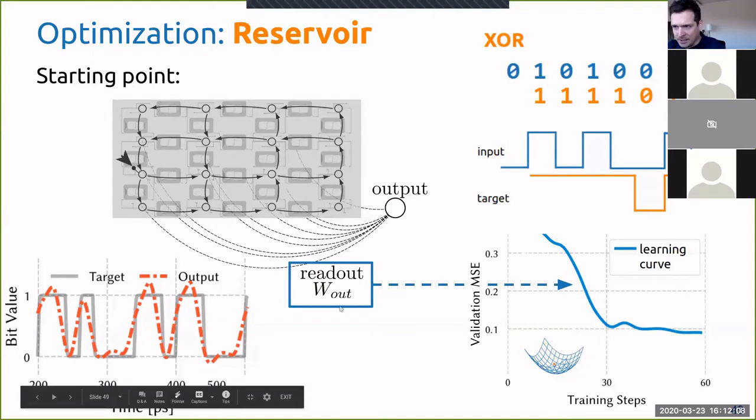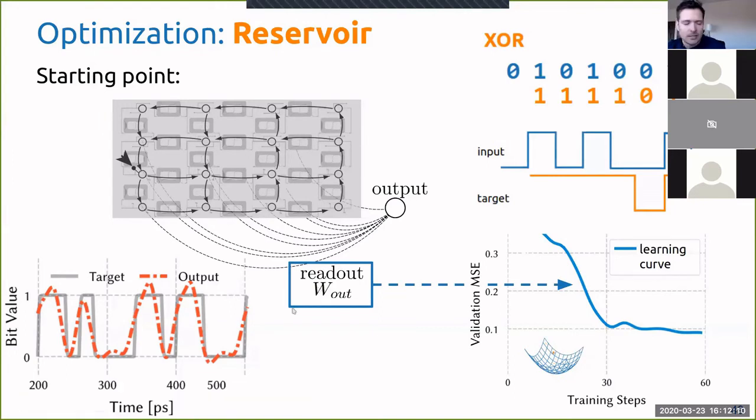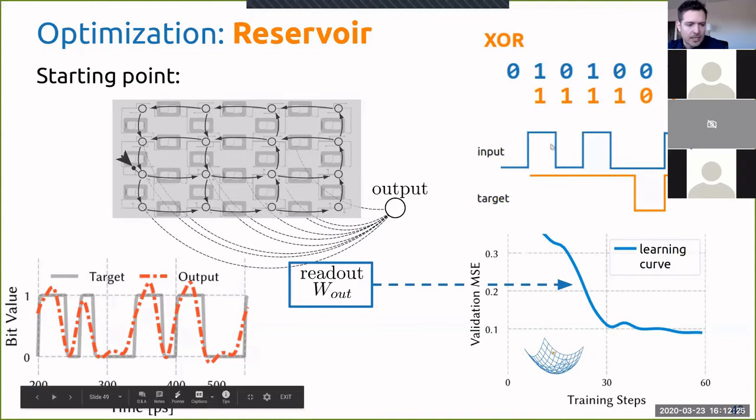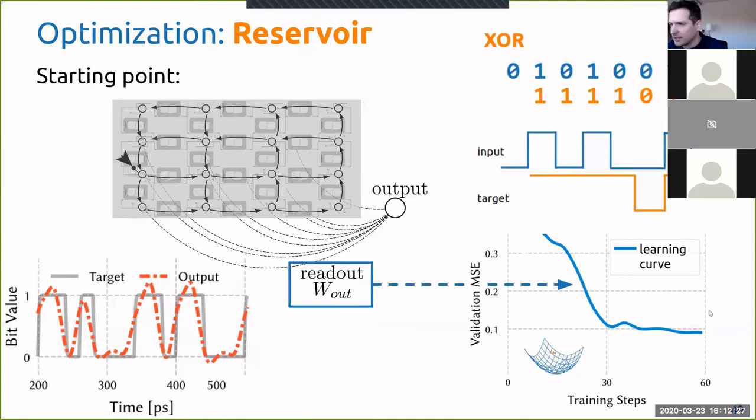This reservoir is basically like the grandfather of the optical reservoirs, of the on-chip photonic reservoirs, and it can perform the XOR task quite well, as you can see here.